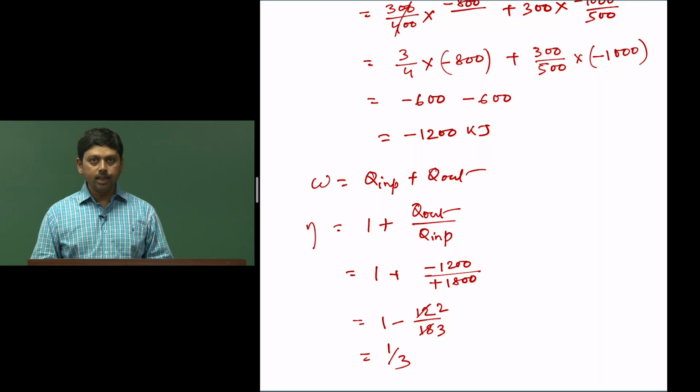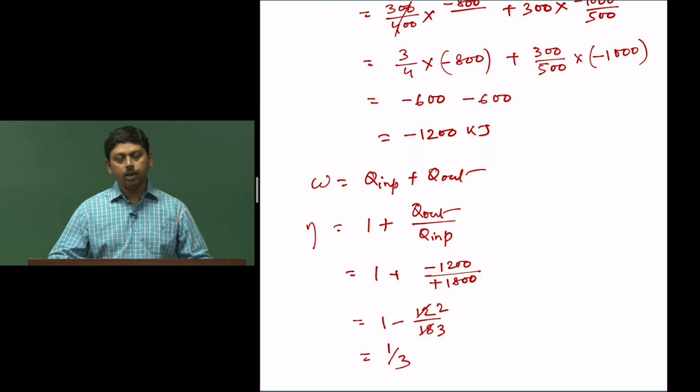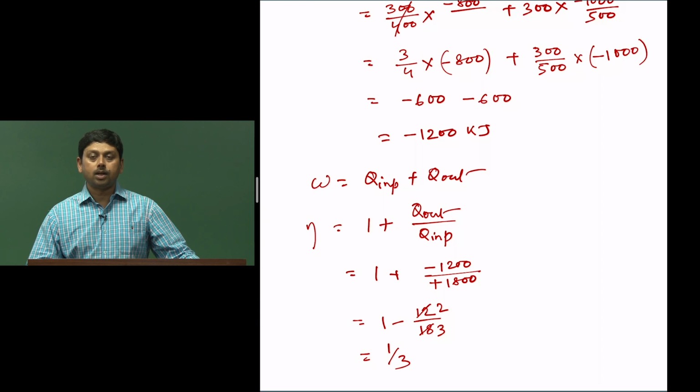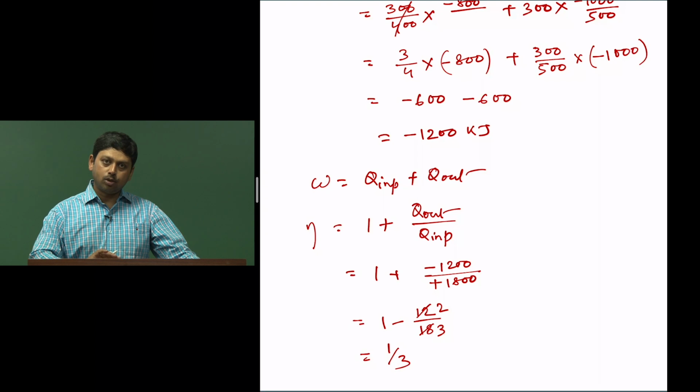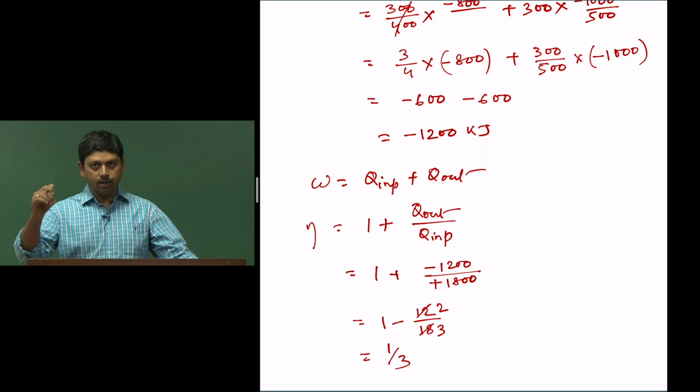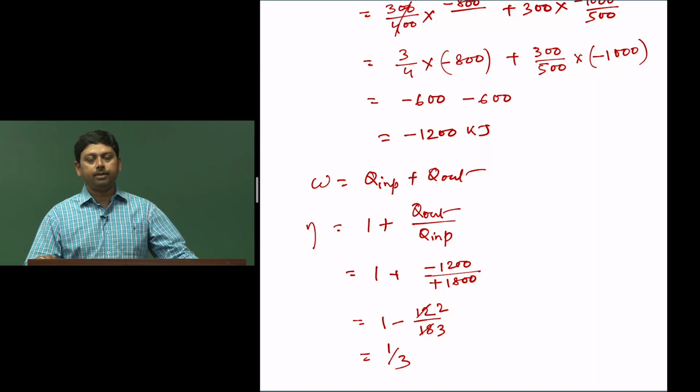So, you have got both the things again. You see that it is extremely straightforward to calculate the work done for any complicated cycle, as long as you write that in the TS level. And remember that for Carnot engine it is especially simple. If it is an isothermal process and the entropy is increasing, then heat is input to the system, and if the entropy is decreasing, then heat is going out of the system.